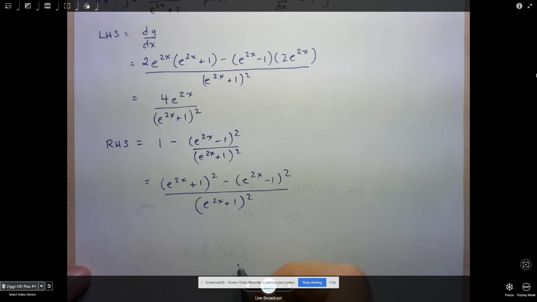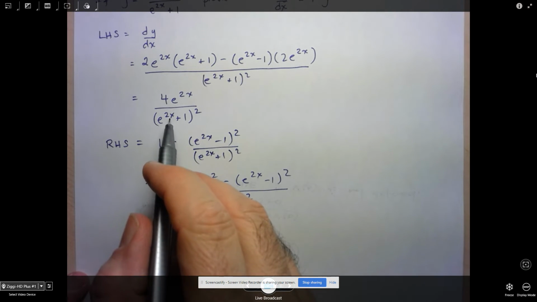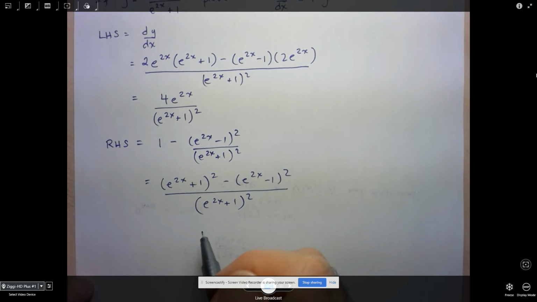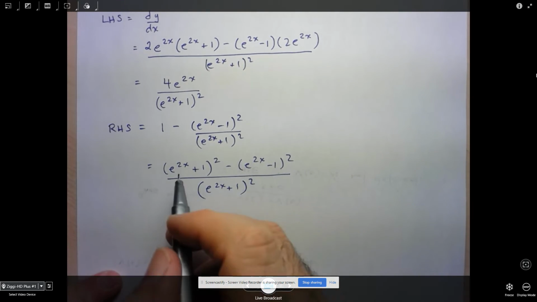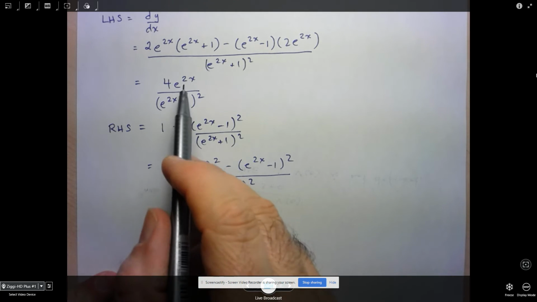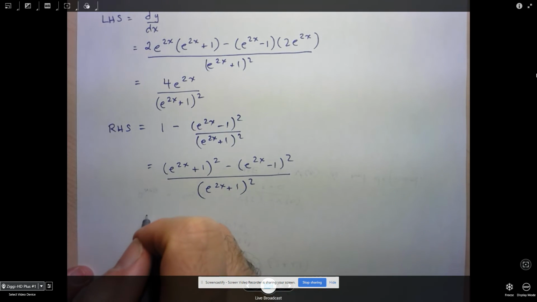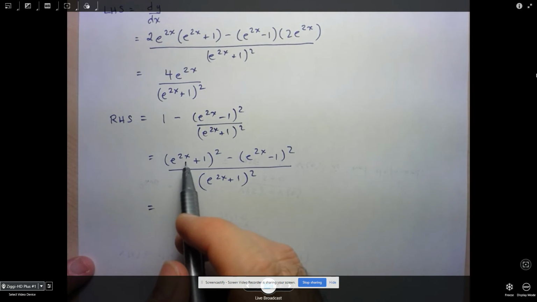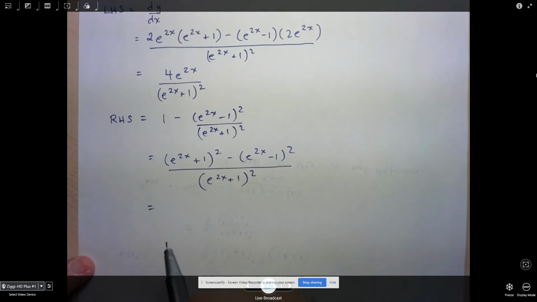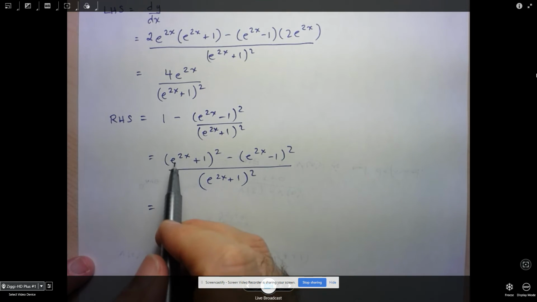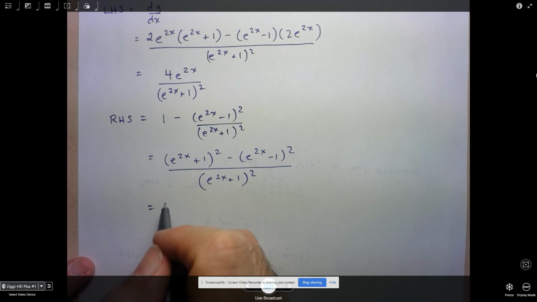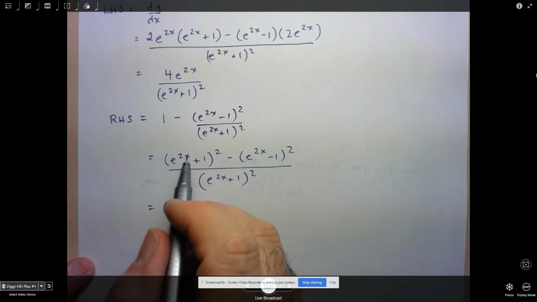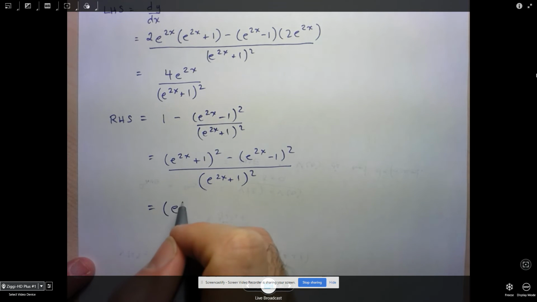Okay, so good news is I already have the same denominator as I have in the one on the left-hand side. I'm just going to have to do some work here to show that the numerator is equal to 4e to the 2x. Okay, and at this point, this stops being a calculus problem and just becomes an arithmetic problem. So I'm going to square this binomial. It's the square of the firsts, so e to the 2x all squared is going to be e to the 4x.